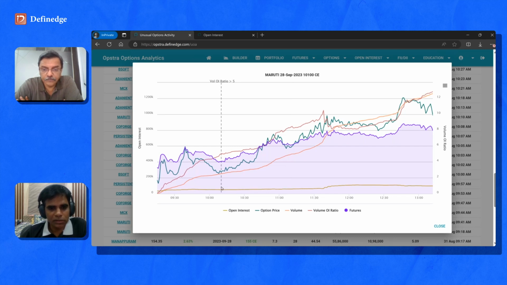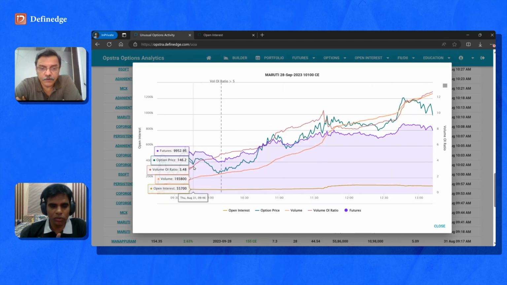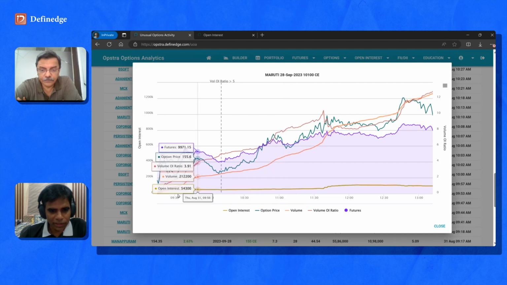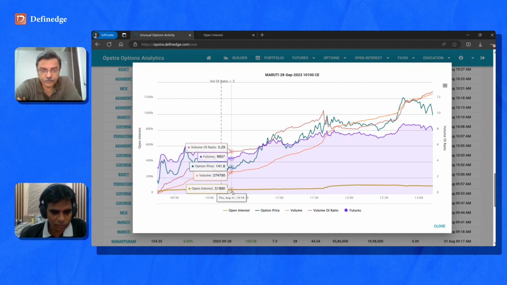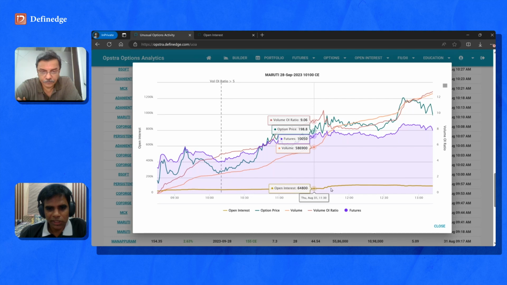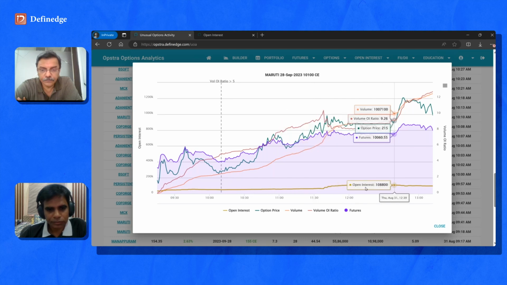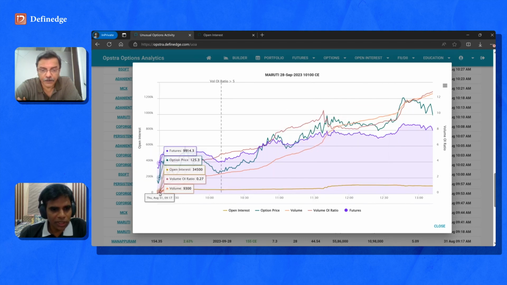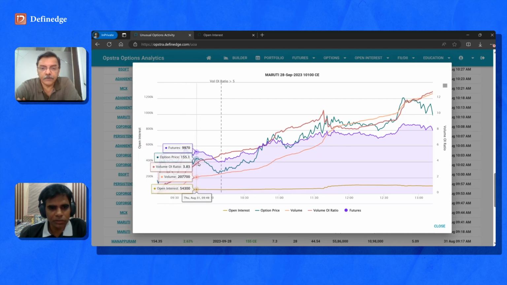One is that the shaded area is the futures price, so that I can compare what is happening in this option with respect to futures. The dark brownish yellow line at the bottom is the open interest. The orange line is the volume. And the dark brown one is the vol-OI ratio that you are seeing here.